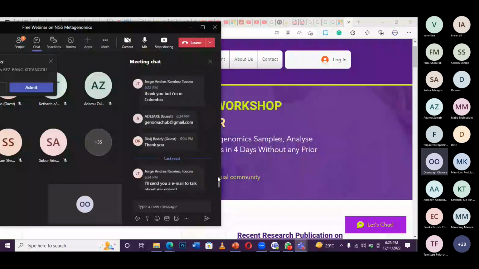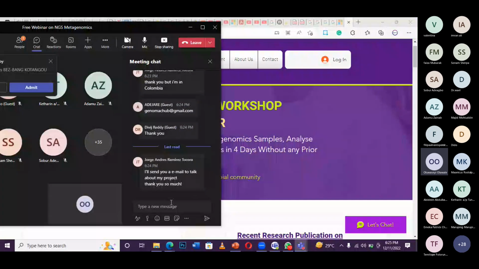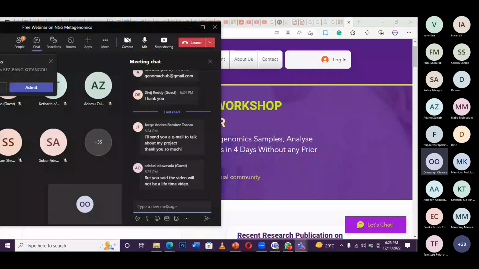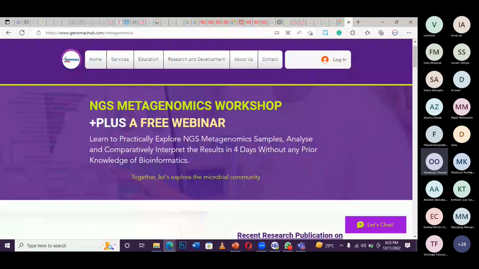Okay, like I said, I think you are still seeing my screen, right? It says learn to practically explore NGS metagenomics analysis and metagenomic samples, analyze and comprehensively or comparatively interpret, because you cannot just analyze one sample. You must have a detailed understanding of how you can comparatively interpret the results in terms of visualization and computing of data in 4 days without any prior knowledge of bioinformatics.